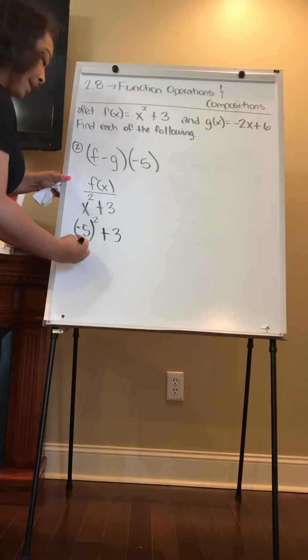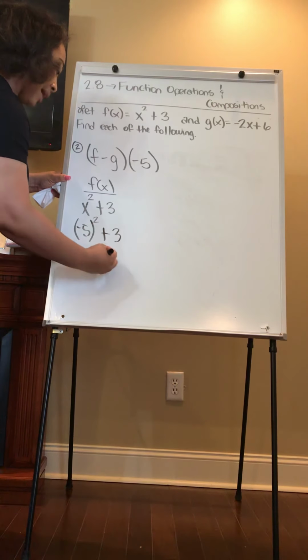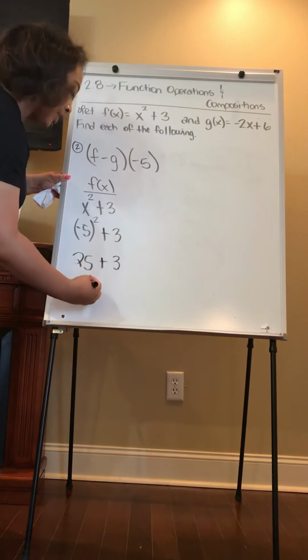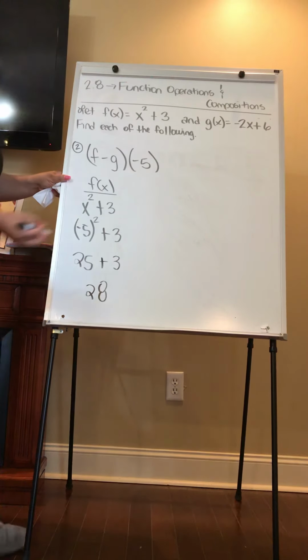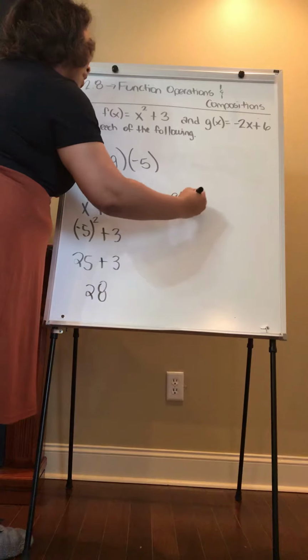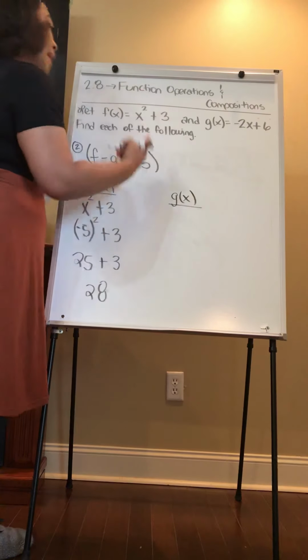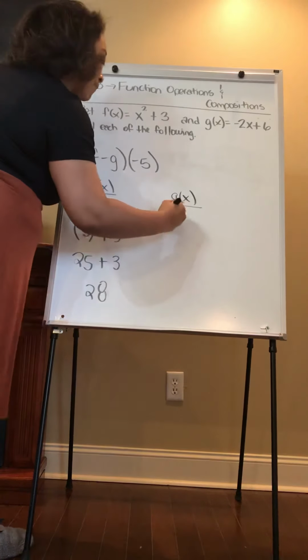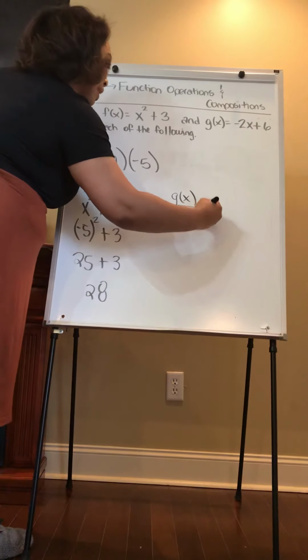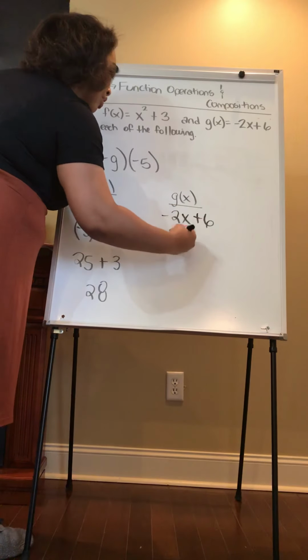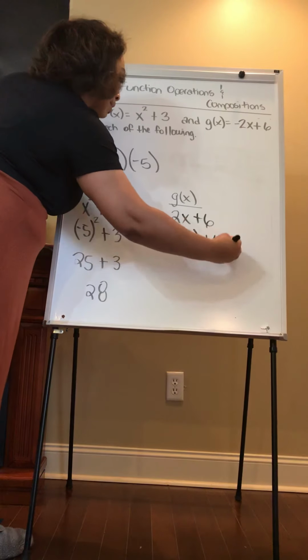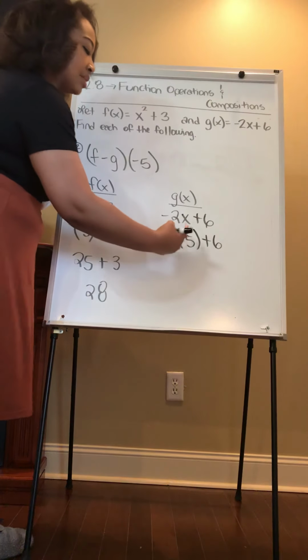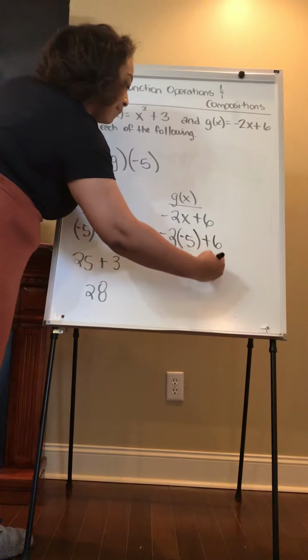Negative 5 squared is 25 plus 3 is 28. Then we're going to come to the g function and also plug in the negative 5. The g function is negative 2x plus 6. So you're going to say negative 2 times negative 5 plus 6. Negative 2 times negative 5 is a positive 10.